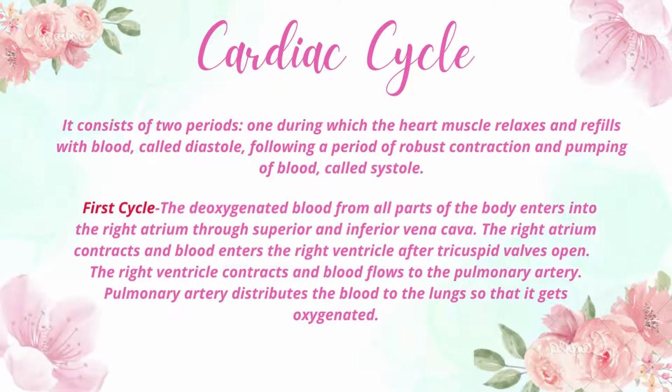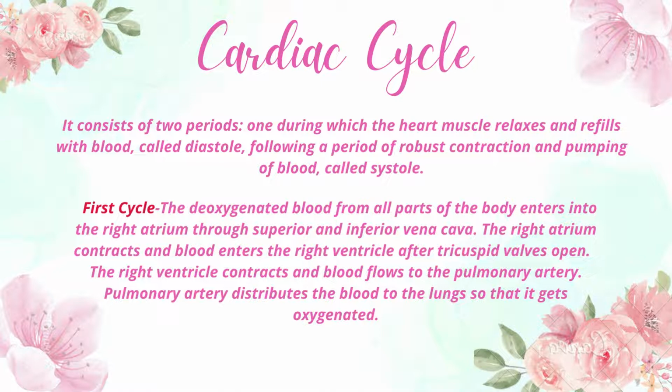It consists of two periods: one during which heart muscle relaxes and refills with blood, called diastole, followed by a period of robust contraction and pumping of the blood, called systole. So diastole is the relaxation period and systole is the contraction period.